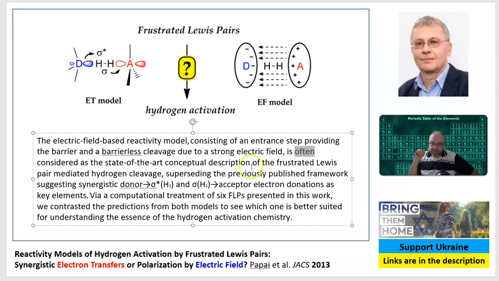State-of-the-art conceptual description of the frustrated Lewis pair-mediated hydrogen cleavage, considering the previously published framework, suggesting synergistic donor sigma star and sigma acceptor electron donations as key elements, via a computational treatment of 6 FLPs, blah blah blah. So in this paper he wanted to carry out a more detailed analysis of the orbitals and to see, is there really an electric field model necessary to explain this reactivity.